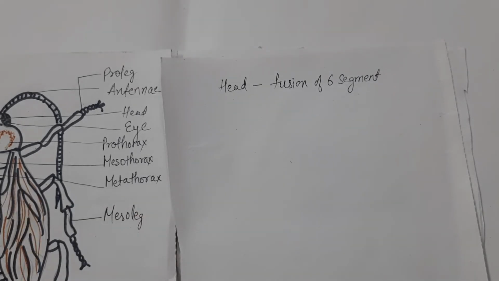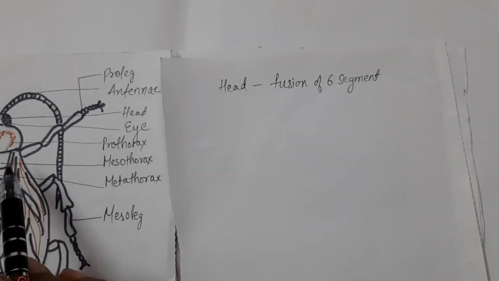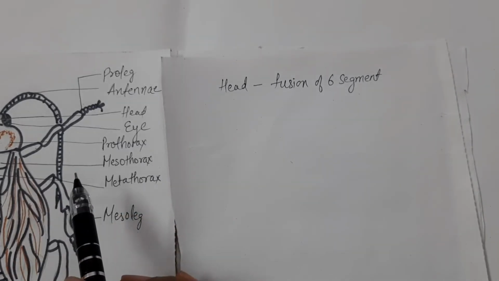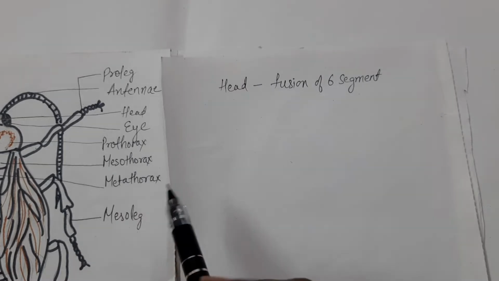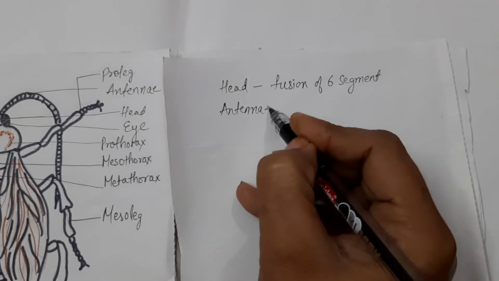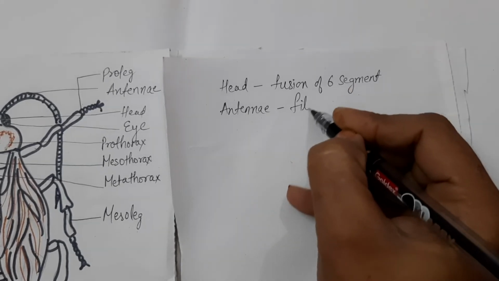It bears long antennae, compound eyes and mouth parts. All about the mouth parts we will discuss later on. Secondly, the antennae. Antennae are filamentous structures.